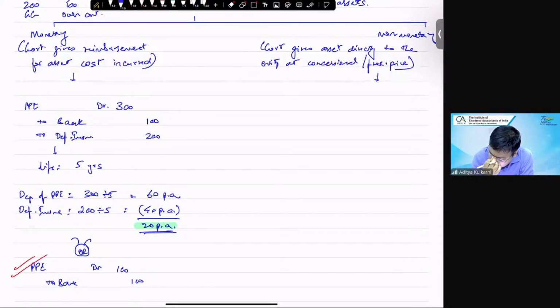I will come back to your question when we are doing one of the RTP sums. Let me explain the process a little. Normally when government gives you a grant for an asset, you cannot sell it like any other asset that you own.